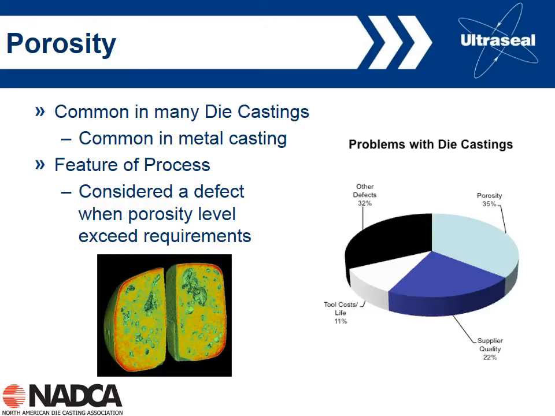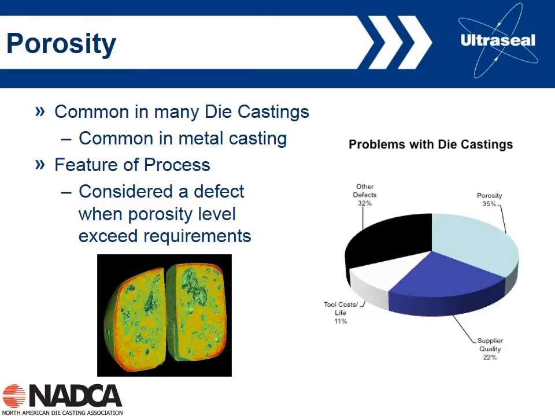From day one, we can talk to the designer and the end user of the casting and say, we're going to expect to get porosity, but we need to control it, and therefore anything we can do in the part design to optimize that is going to be a benefit to us.